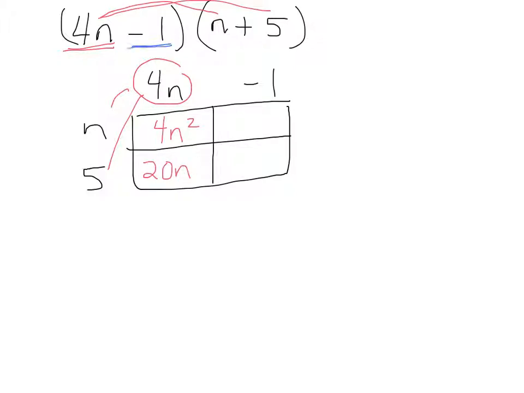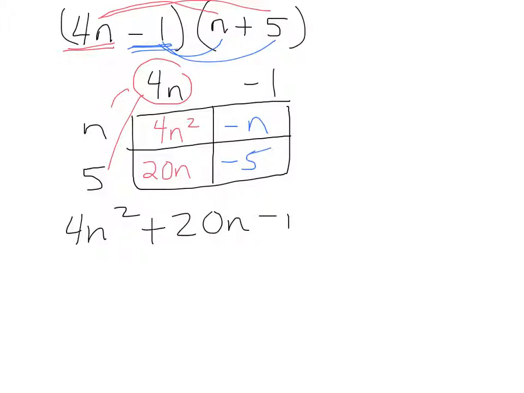Alright, let's take the idea of negative 1. What's happening with negative 1? You're multiplying the n, and then you're multiplying the 5. Negative 1 multiplying the n, negative n, and negative 1 multiplying the 5. Match up in this box here for negative 5. Be careful that you've represented each and every term, and be careful that you've combined any like terms that happen to go together.